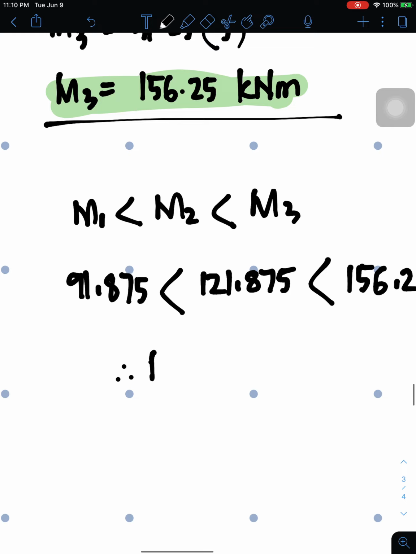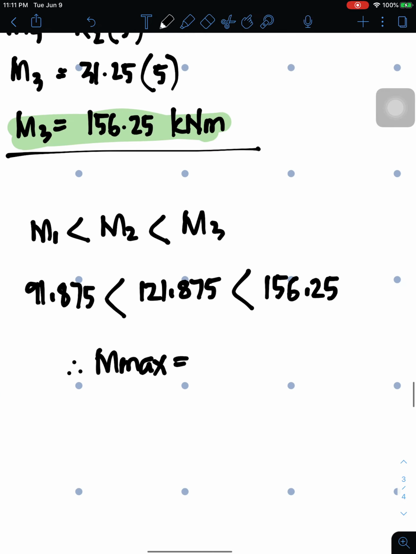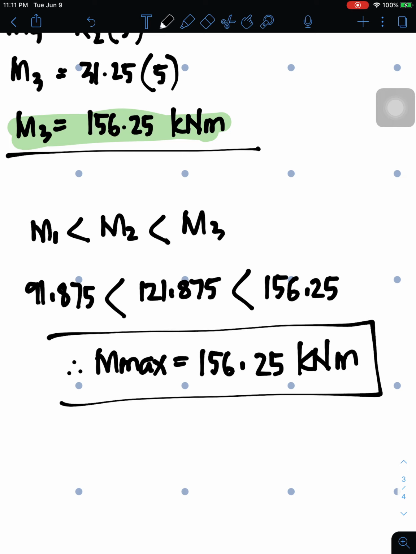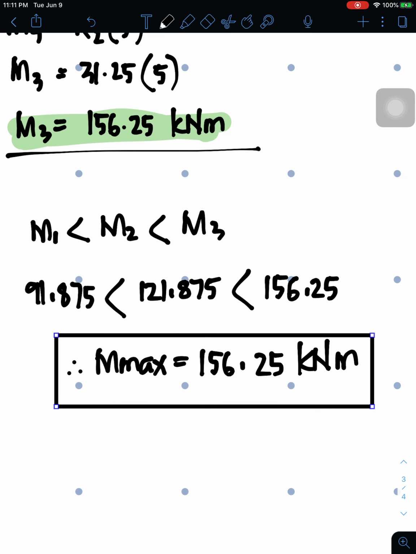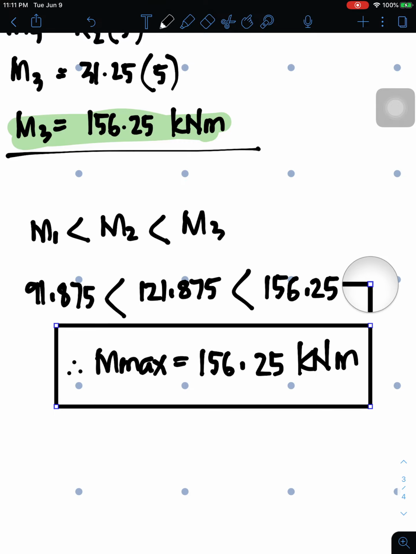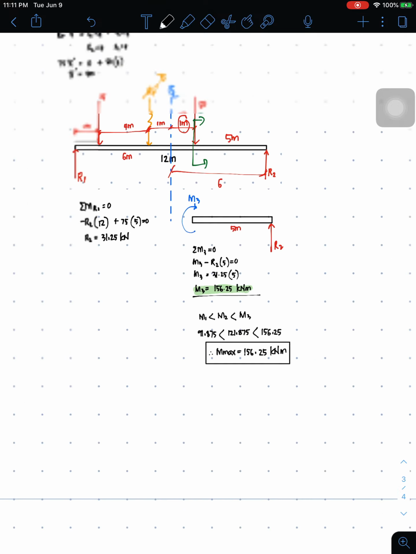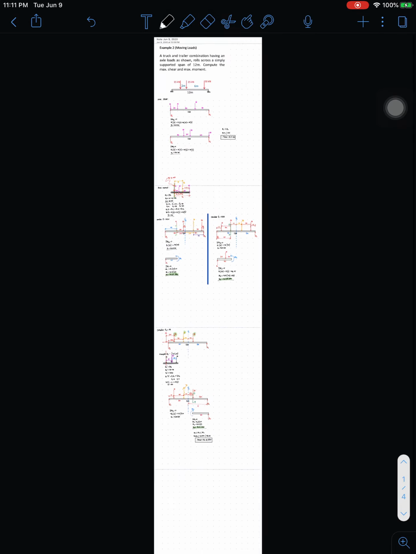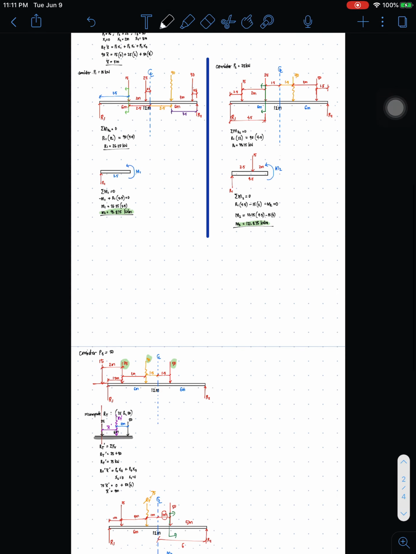Therefore, Mmax is equal to the largest value, 156.25 kilonewton meters. And this is our maximum moment. And this ends our example number 3.